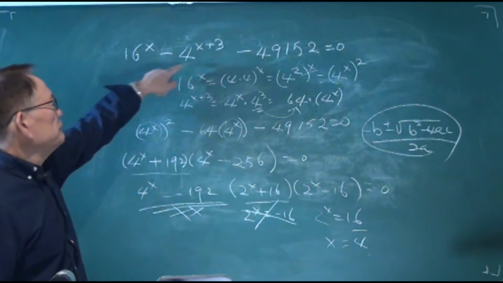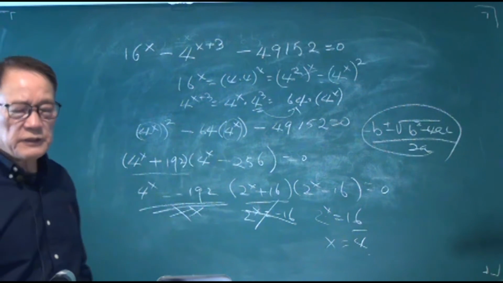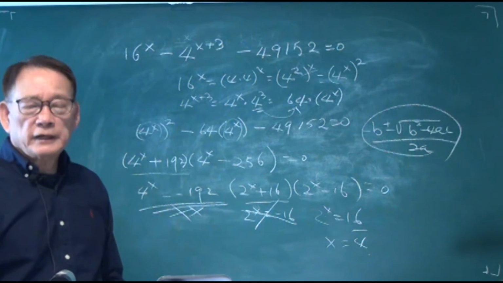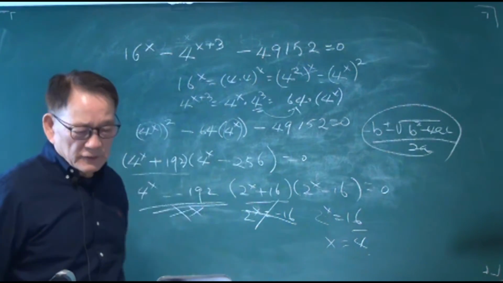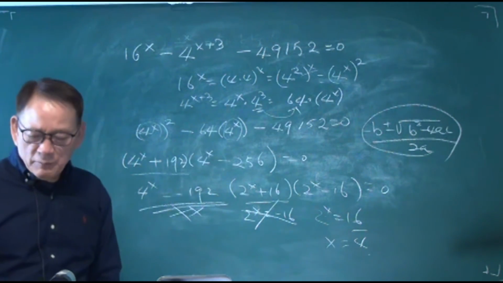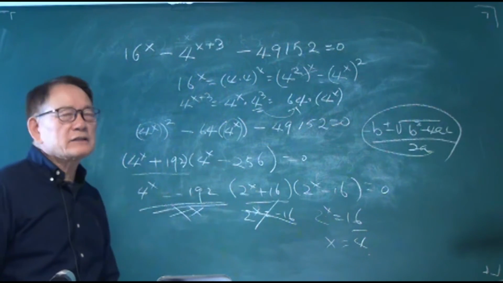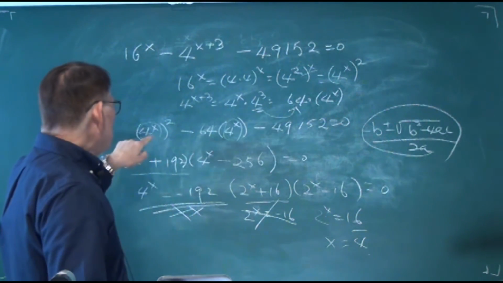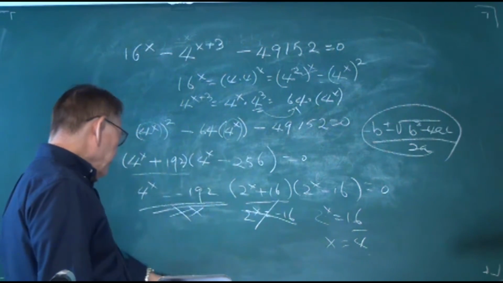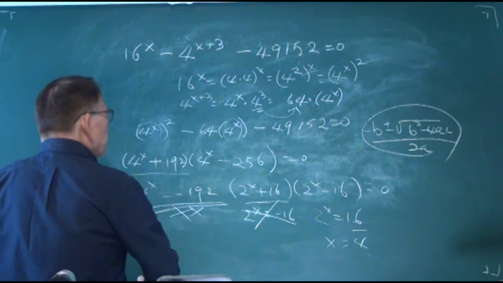So for this given question, the solution is x equals 4. At the beginning, we thought it was really complicated, but actually it's not. Once we know how to rewrite into a similar term, it's not that difficult.